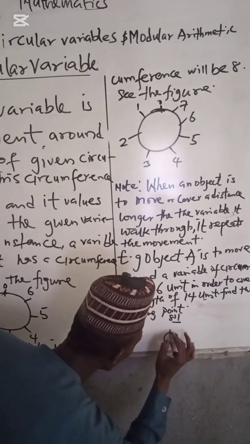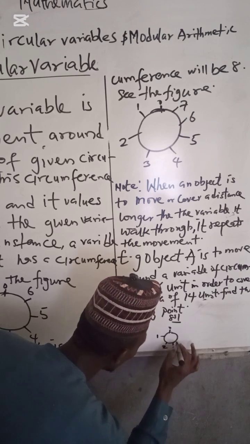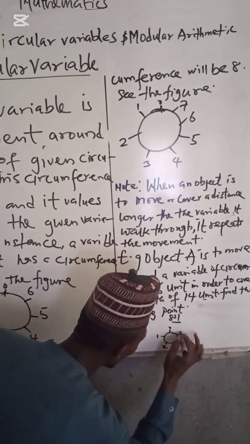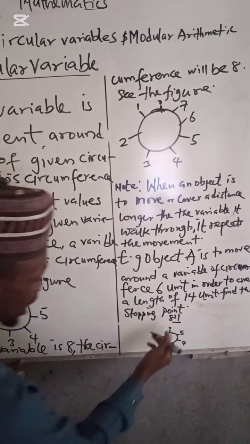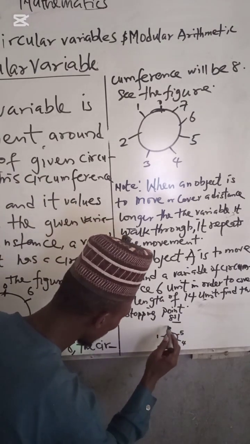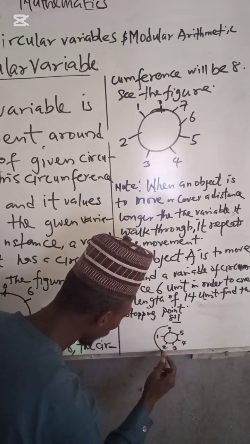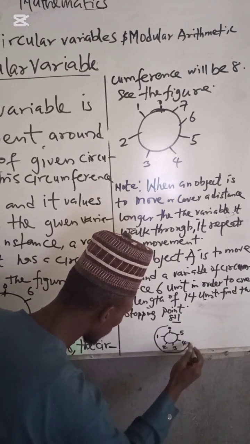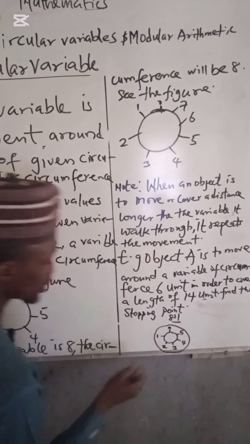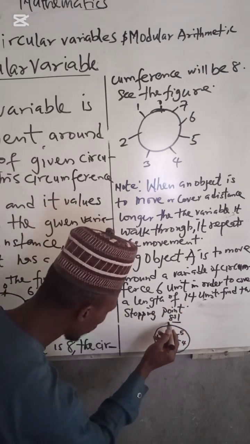So we have 0, 1, 2, 3, 4, 5, then 6. If the object moves once, it covers this distance, which is 6. Remember, it's going for 14.